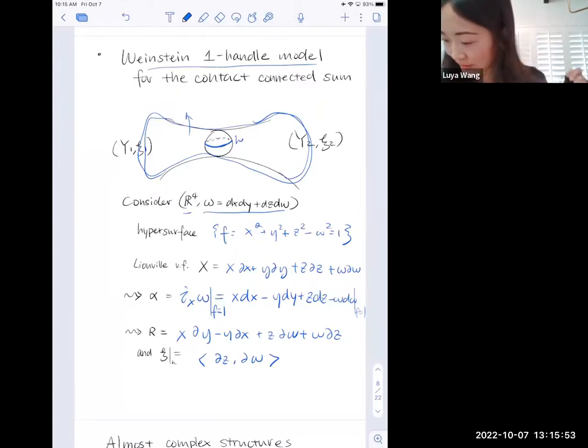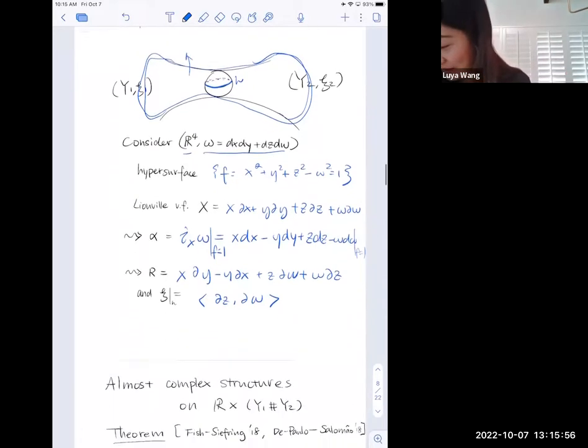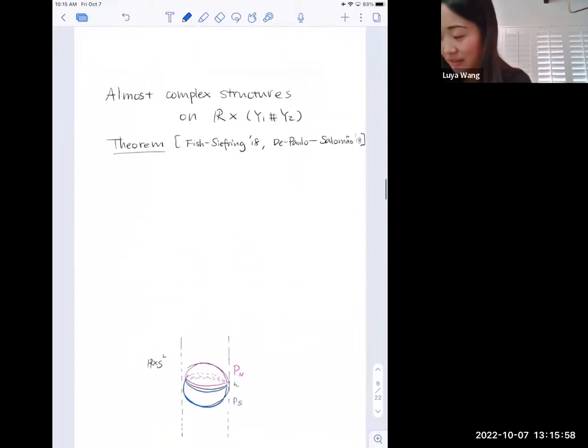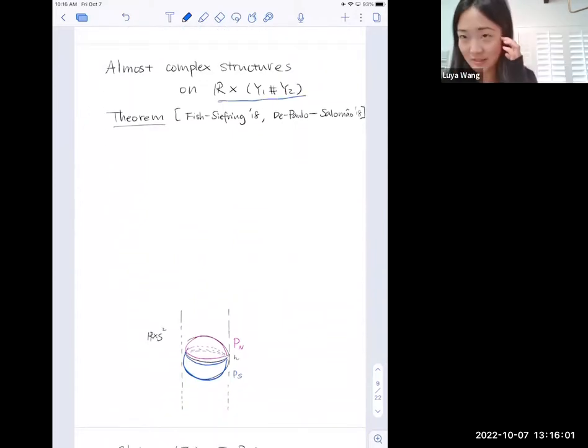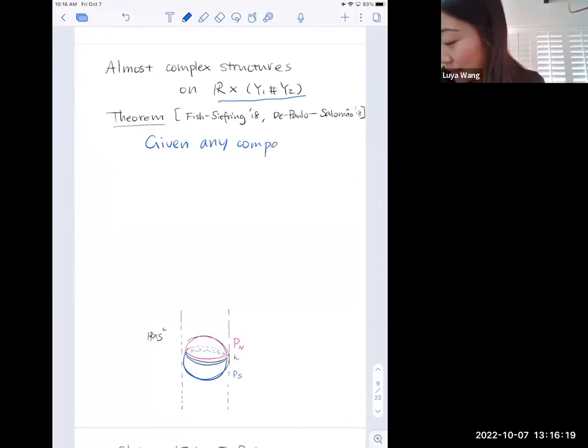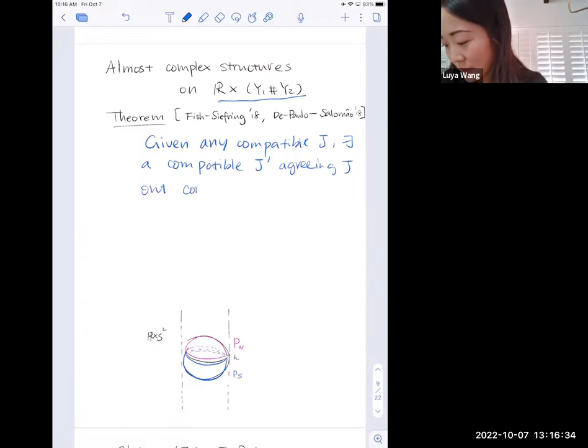Okay, so this is a contact geometric model, but I need to tell you what the almost complex structure is on the symplectization, since I will be studying differentials in the symplectization. So this is a theorem, studied by Fish, Siefring, and Di Paolo Salama, I think. The statement is that given any compatible J, there exists a compatible J prime agreeing with J outside this connected sum region.